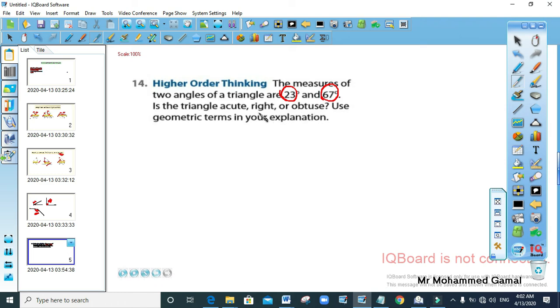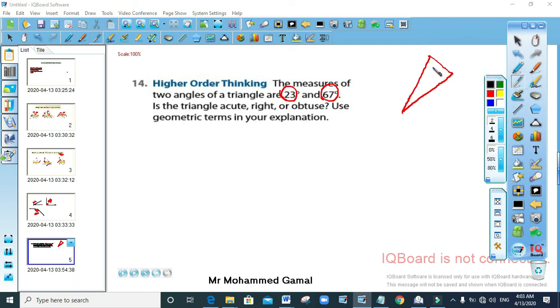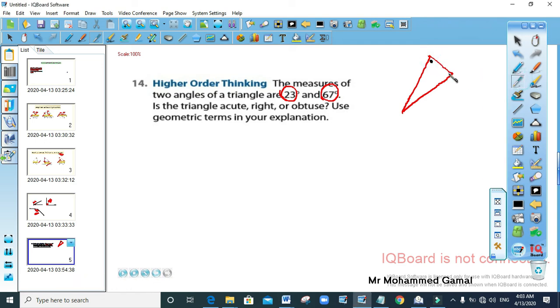He's asking. To answer this question, you should know that any triangle has how many interior angles? Interior means inside. This is an angle, another angle, a third angle.